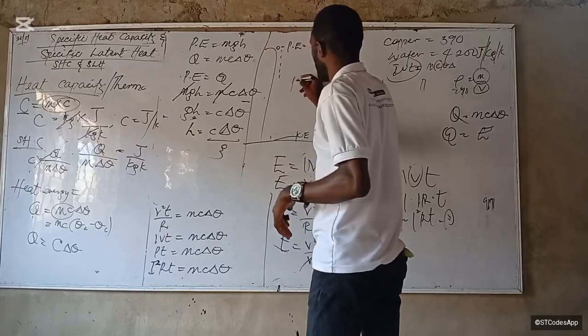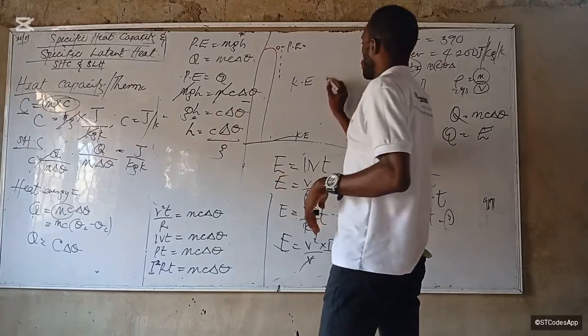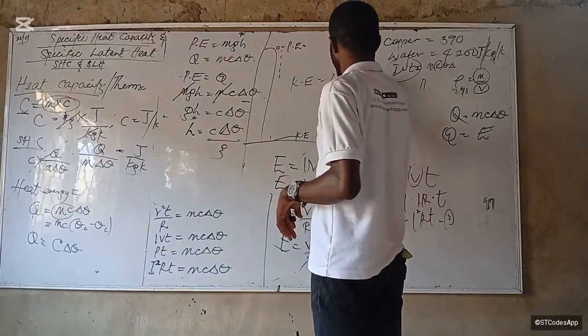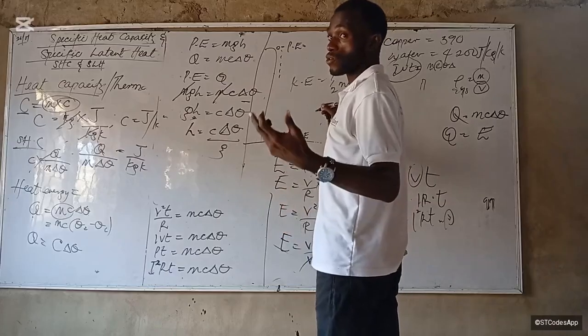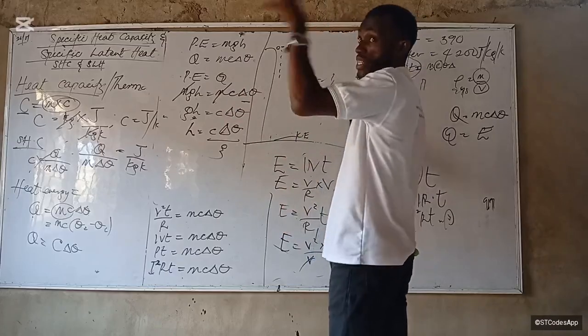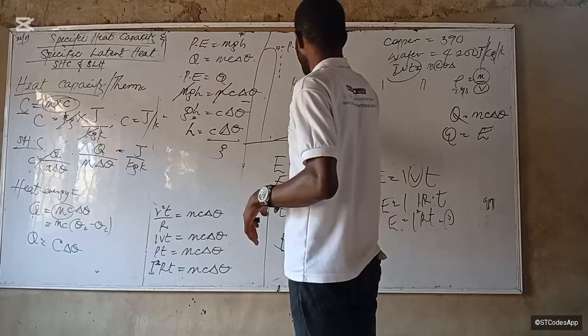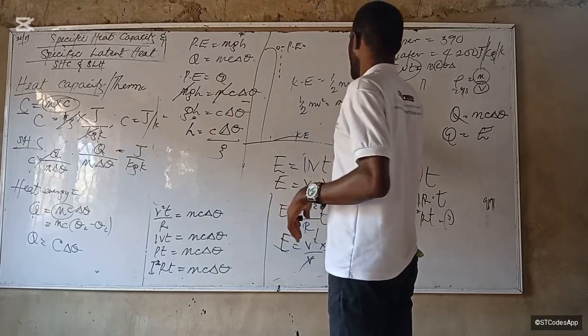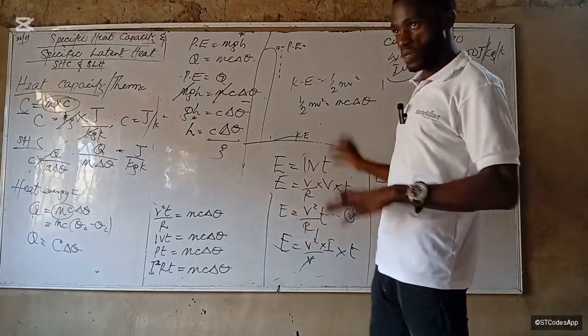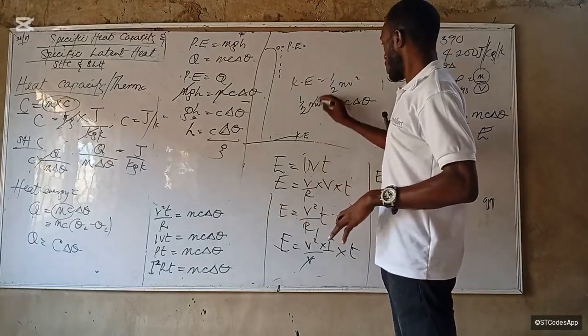So at each point here, it possesses kinetic energy, which is half mv squared. If no energy is lost, the total kinetic energy at that particular point will be converted to heat energy. So we can also see that half mv squared is equal to what? mc delta theta. Does this make sense? So m can cancel m.